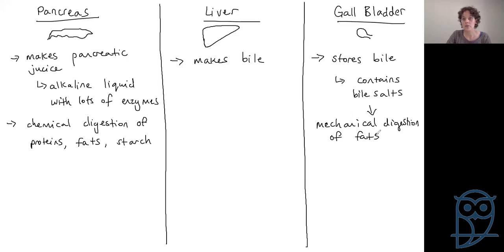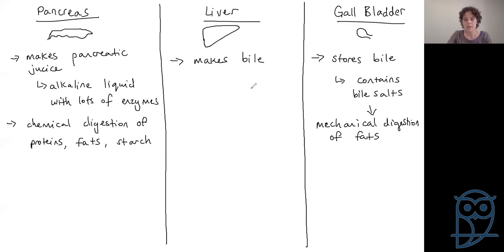So note there, gallbladder, bile, mechanical digestion, pancreas, pancreatic juice, chemical digestion of fats. So we've got mechanical and chemical digestion of fats coming up in our life. Okay, so back to liver.